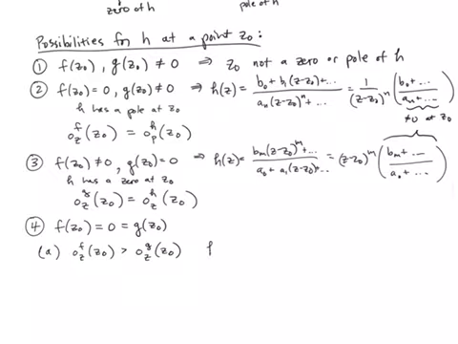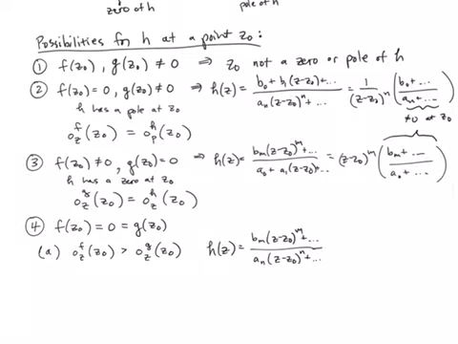So again here, we have h of z. This time our g's order, so you have b_m (z minus z naught) to the m plus dot dot dot. F's order, the 0 at z naught for f has order n, and our n is greater than m.